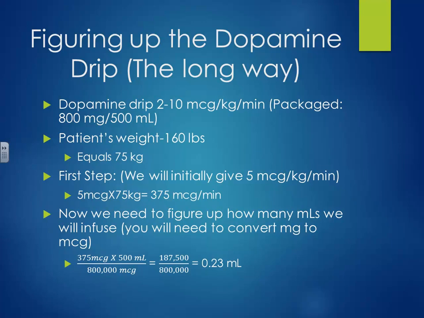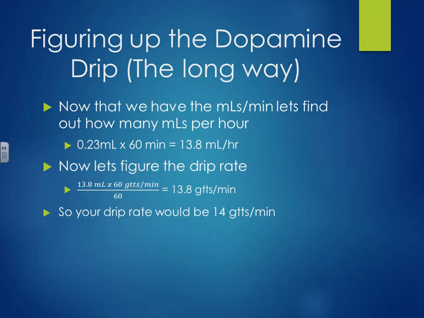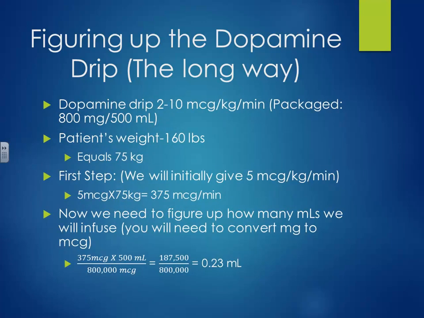All right? Everybody got, see where I got 800,000? Because I converted my 800 milligrams. All right? So that gives you 0.23 milliliters. That's just giving you how much you're going to give from out of your package. So then you've got to figure out your drip rate.